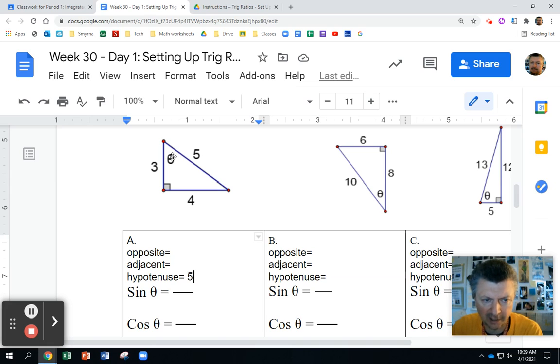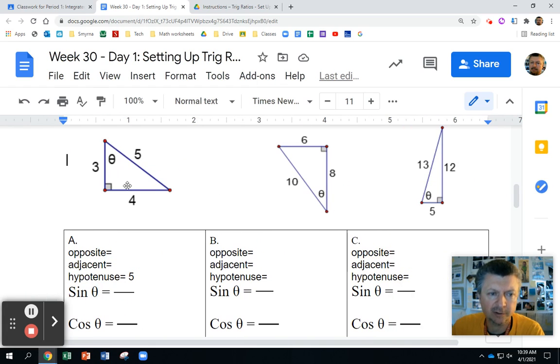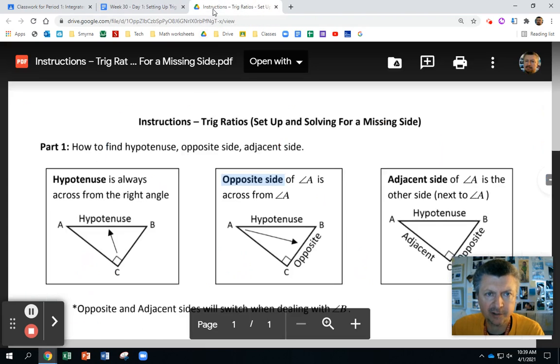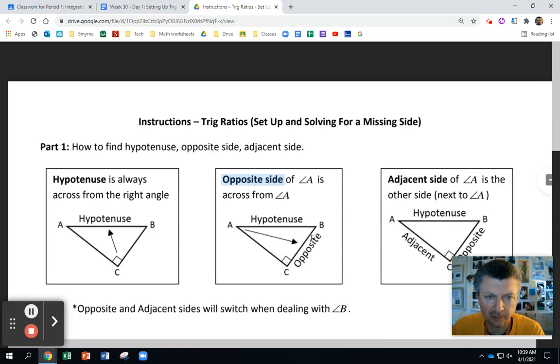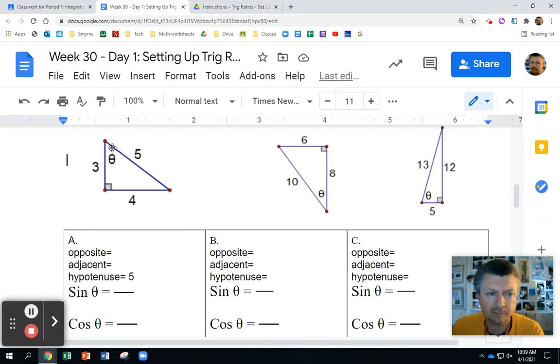Now, across from that, on the opposite side, is 4, just like how we found the hypotenuse, but we're going from this angle, because it says sine of theta. That's what we're going to deal with. All right, so on the opposite side of that, same as this one, opposite of A on this one we're looking for is 4. So the opposite side is 4.